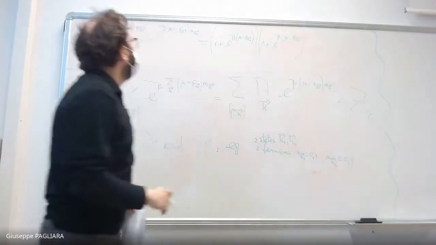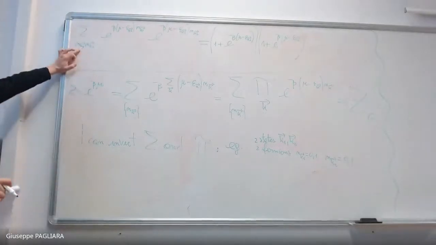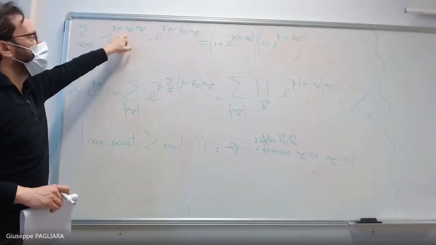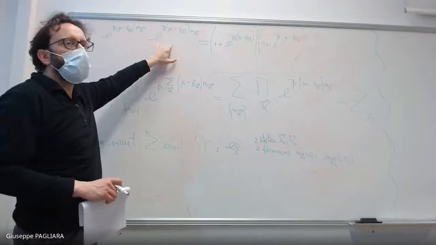Where I'm running over nk1, nk1 can be 0 or 1. If it is 0, then I get 1. If it's 1, it's e to beta mu minus epsilon k1. Similarly for this term here.